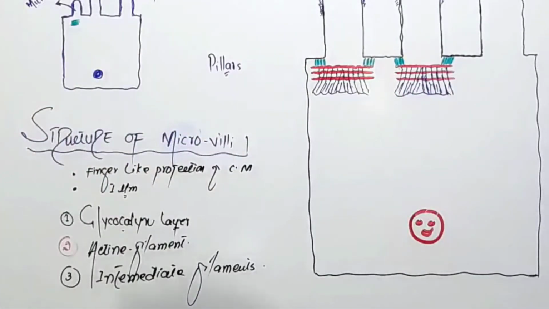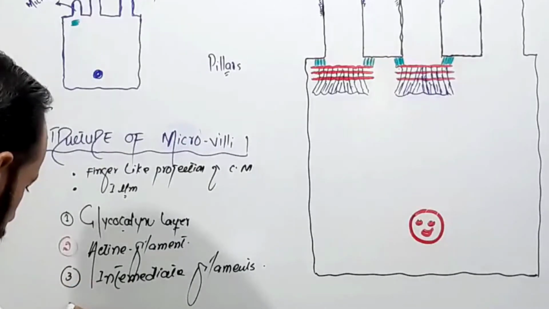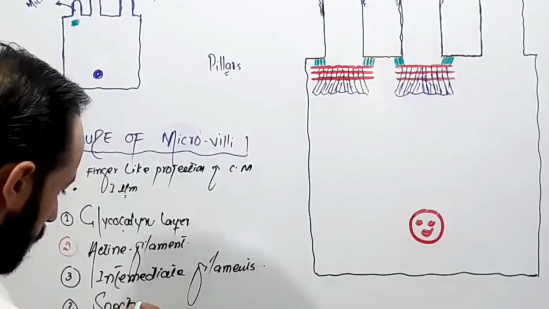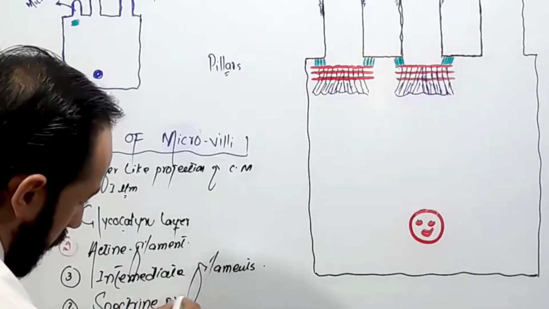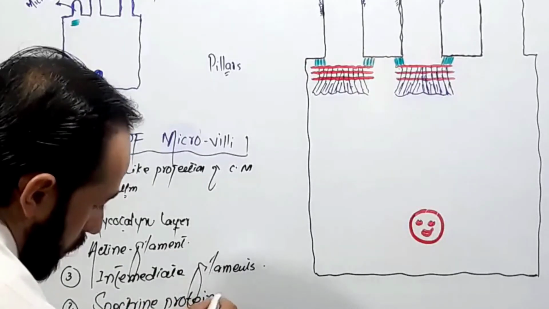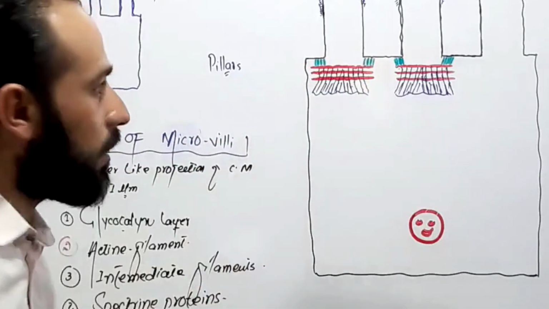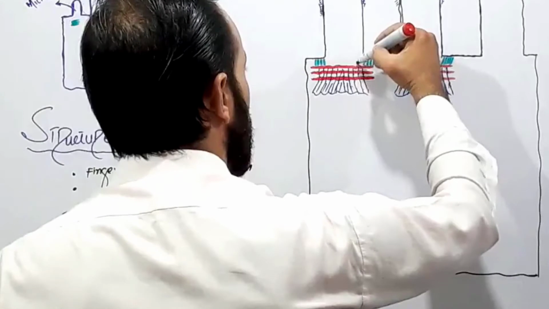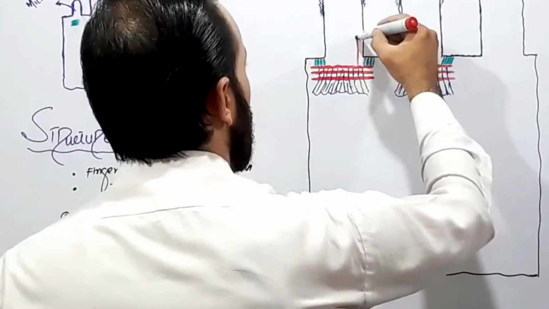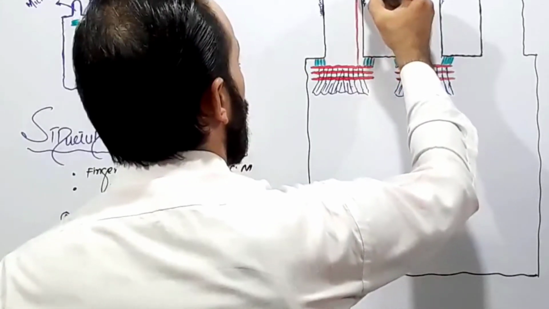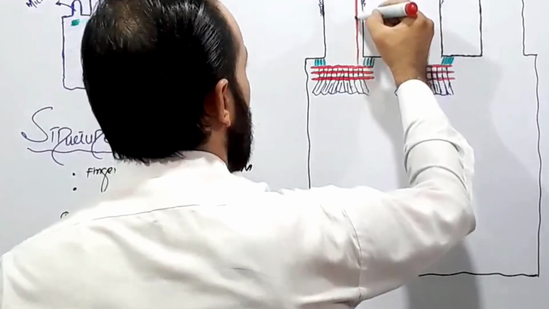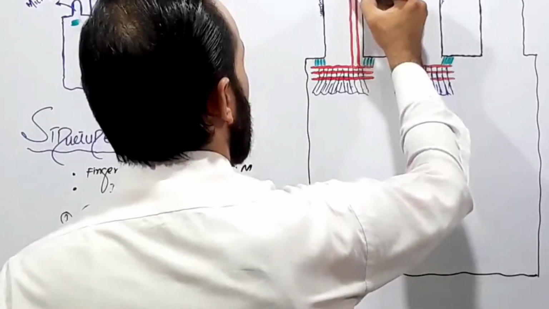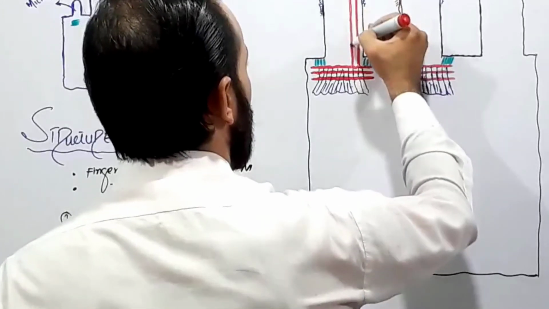These are number 4, the spectrin proteins, and we will put these there also. Then what happens from these red proteins? Their fibers will go up, like this. Their fibers will go up, and what are these?